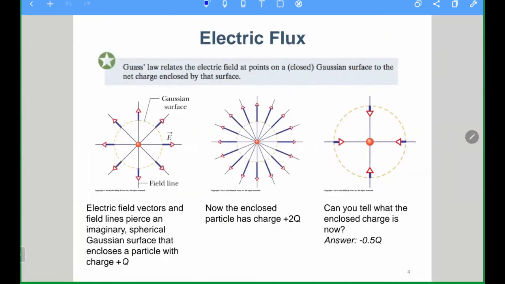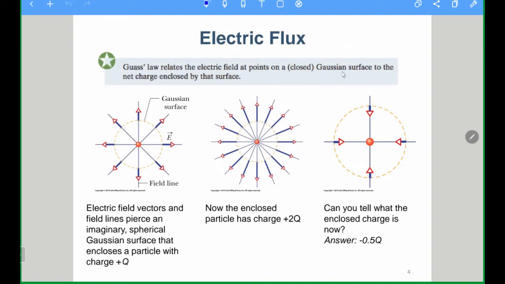Okay, so this is the first topic in this chapter, which is about electric flux. Here it says Gauss law relates the electric field at points on a closed Gaussian surface. So in this textbook, we usually call a closed surface a Gaussian surface, to the net charge enclosed by the surface.